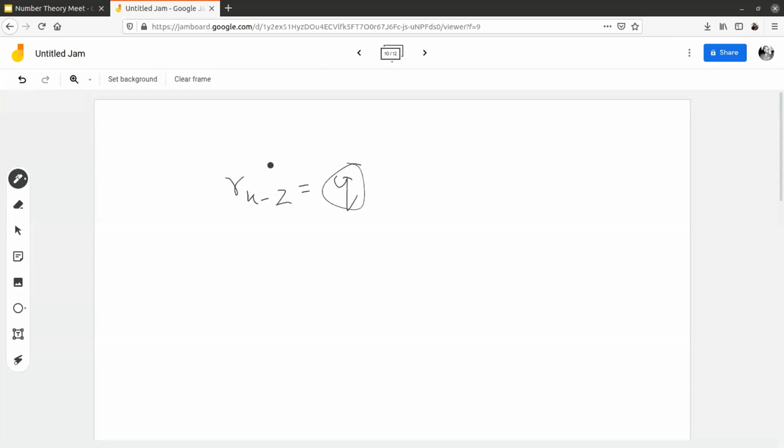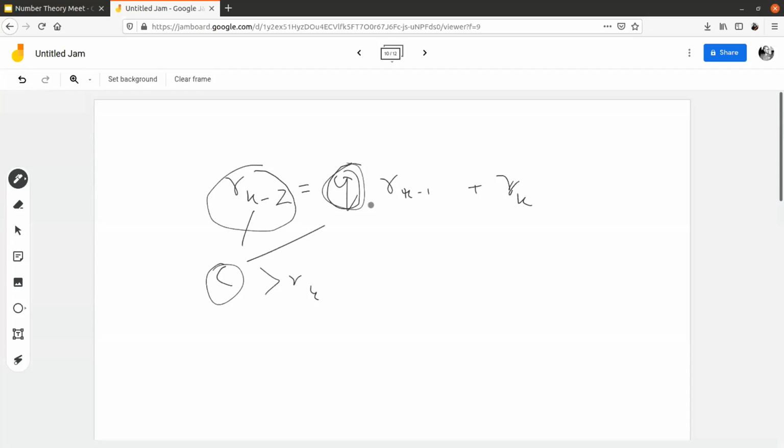So what he was saying is basically you have rk minus 2 equal to some q times rk minus 1 plus some rk, right? Suppose you have a certain c that is greater than rk and yet divides both of them. If c divides both of them, then c has to also divide rk, because the remainder that I get by dividing rk minus 2 by c is 0.